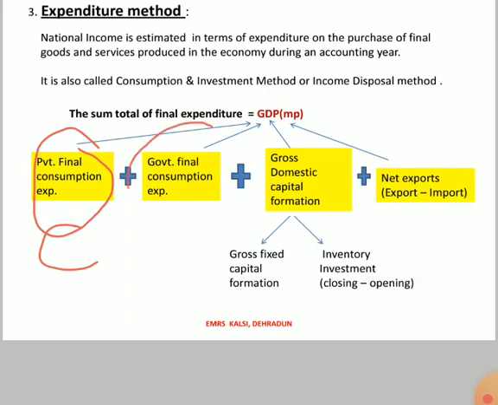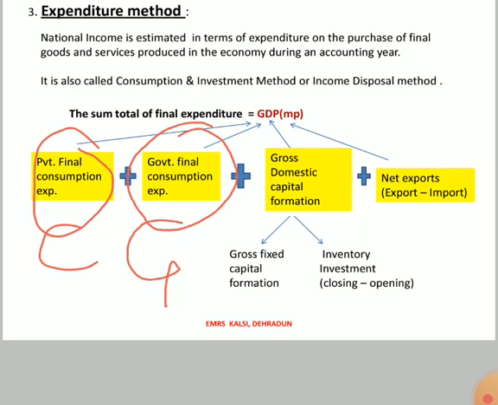It is called government final consumption expenditure, and it is denoted by capital G. It covers things the government spends on, like law and order, police, defense, education, hospitals. Those expenditures are counted in government final consumption expenditure.